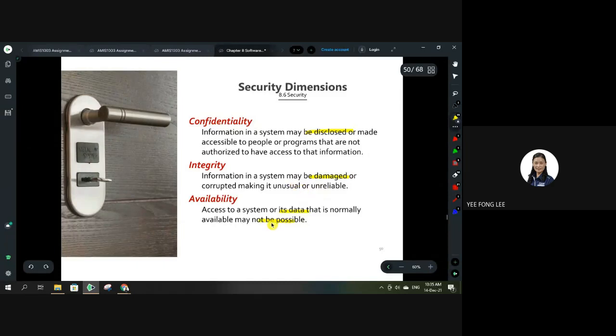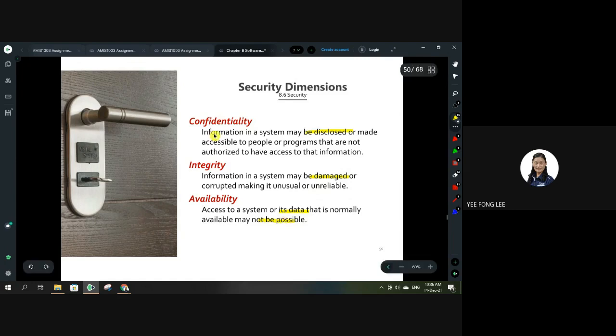How about availability? We always give the example of denial of service, where we overload the server. When a server is overloaded, it prevents authorized users from accessing, let's say, an online shopping platform. With this denial of service attack, the system availability is compromised and authorized users are not able to access.